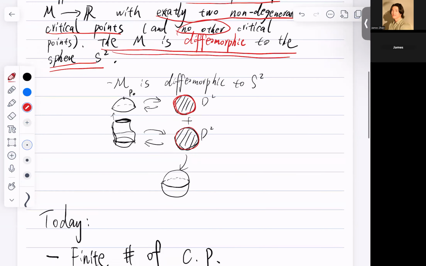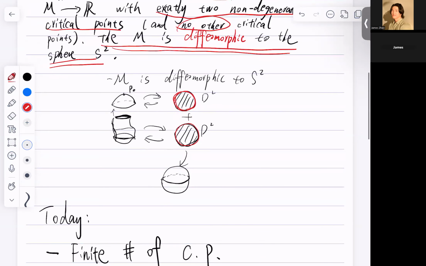Our very long proof basically boils down to this little picture I drew at the very end of the last lecture. If you are interested in the entire thing, feel free to go back to the previous lectures and refer to these proofs.